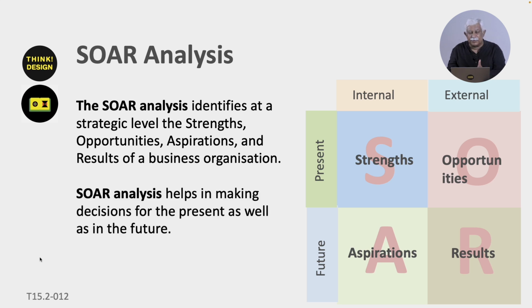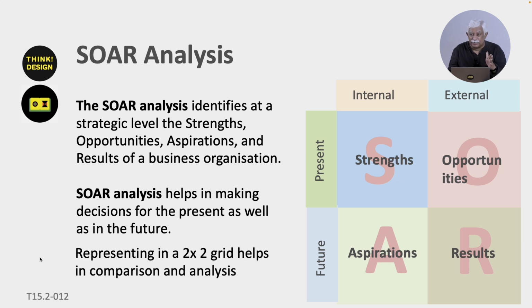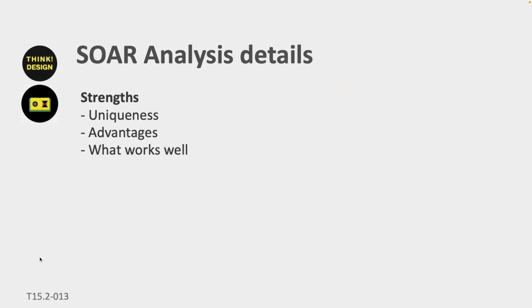And strengths and aspirations vertically are internal to your organization, whereas opportunities and results are external to your organization. So again, SOAR analysis helps in taking decisions for the present as well as the future. You will be able to compare them, and putting them in a 2x2 grid is excellent, because you can compare and make analysis. Okay, so let us look at the details.